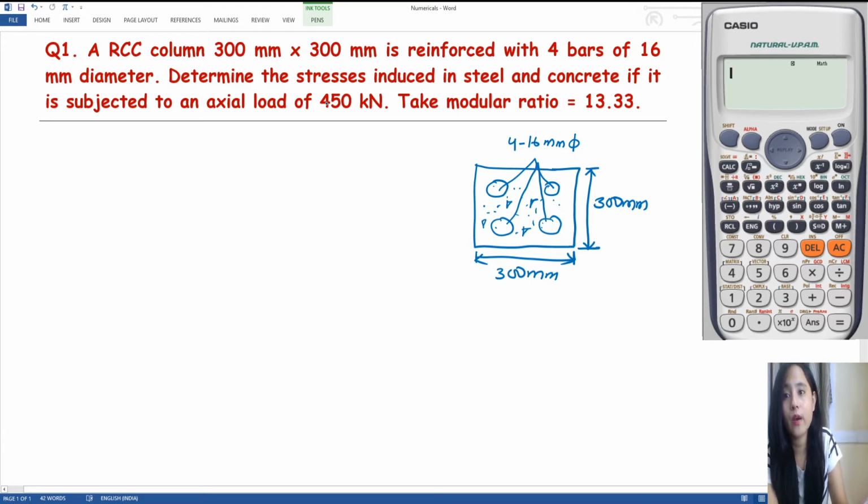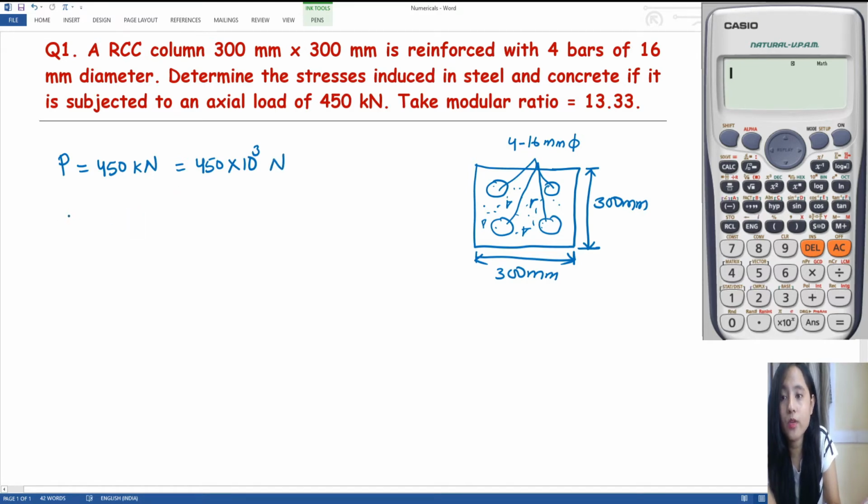Now we have to find the stresses induced in steel and in concrete. Given here is the axial load P equal to 450 kilonewton, which is 450 into 10 raised to power 3 Newton.